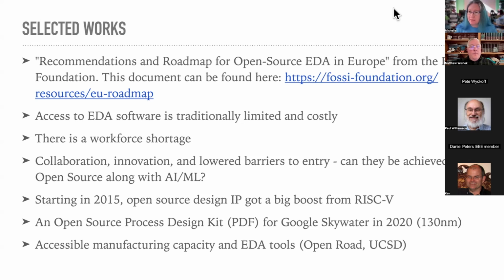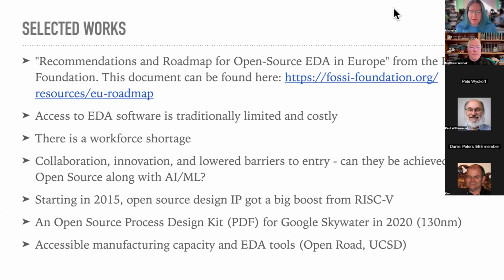And we have seen some examples of open source helping EDA. Starting in 2015, the open source design intellectual property scene got a big boost from the RISC-V processor. That is still unfolding and advancing. You can see the impact from an open source IP design.